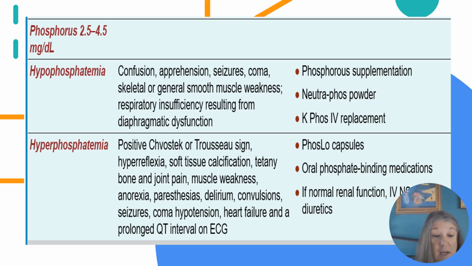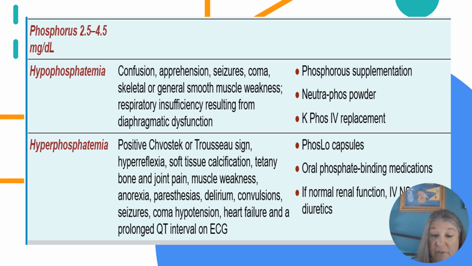Here is your slide 44. This is hypo versus hyperphosphatemia. Just take a look at that. Notice with hyperphosphatemia, you can have the positive Chvostek's and Trousseau's because of that inverse relationship with calcium. So we get positive Chvostek's and Trousseau's in hypocalcemia, too little calcium. We're getting all that twitching and muscles are not being kept in check, right?